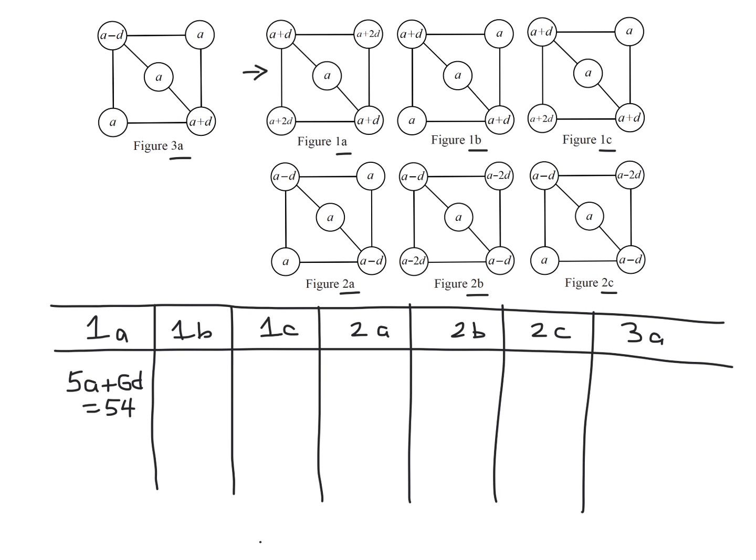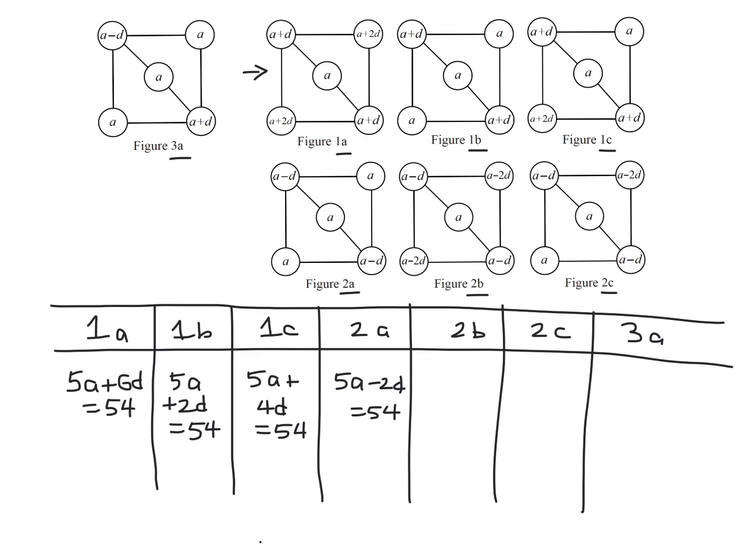And so very similarly for the other ones, let's see, where's 1b? So it's 5a plus 2d, that's 54. 1c is 5a plus 4d, that's 54. For 2a, it's 5a minus 2d, is 54.